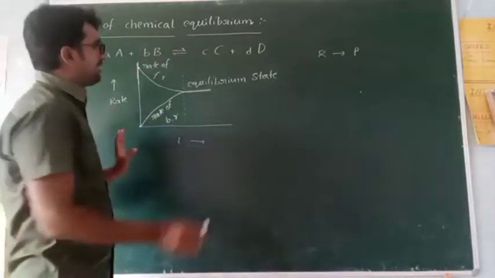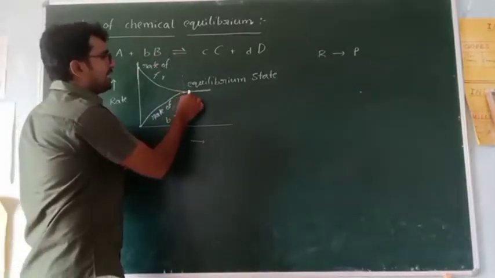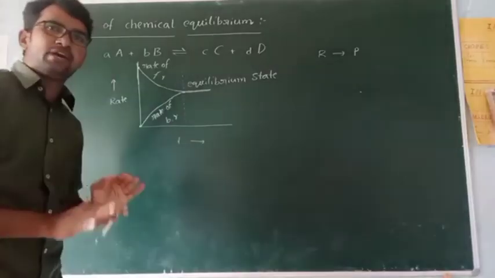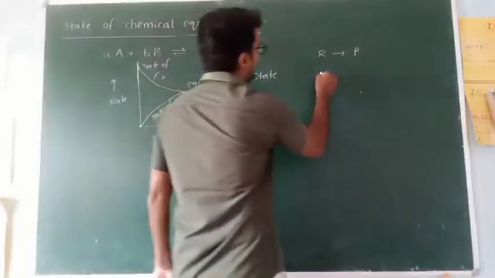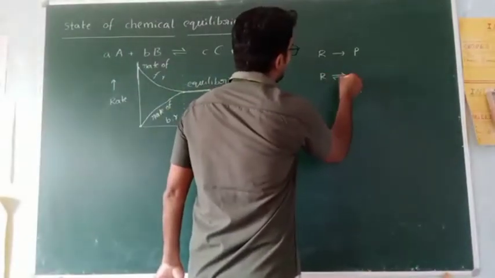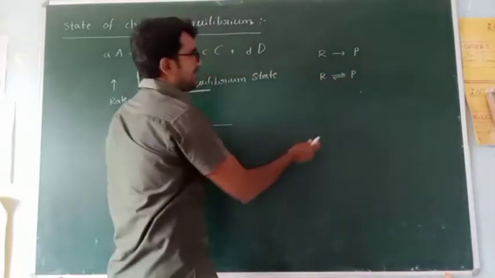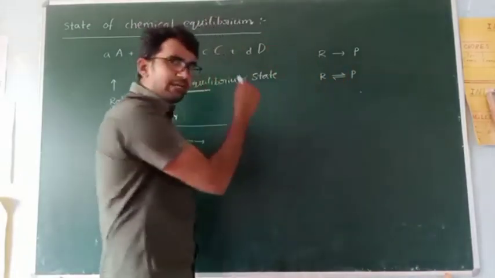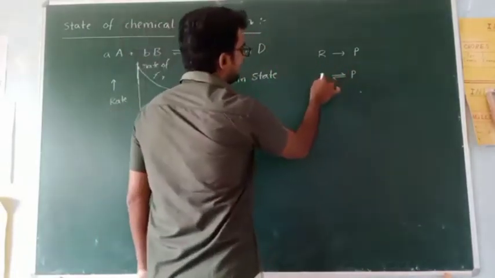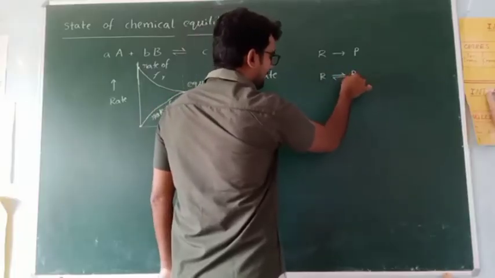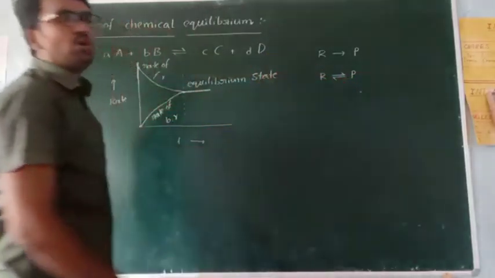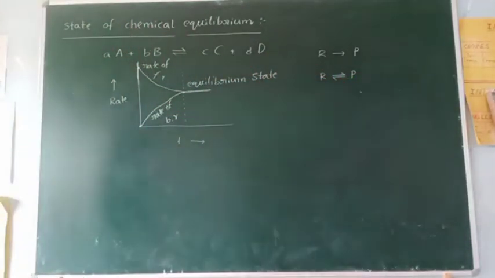In equilibrium reactions, once you attain the equilibrium state, there is no end to the chemical reaction. After attaining the equilibrium state, reactants are converted to products, and at the same time products are converted to reactants.